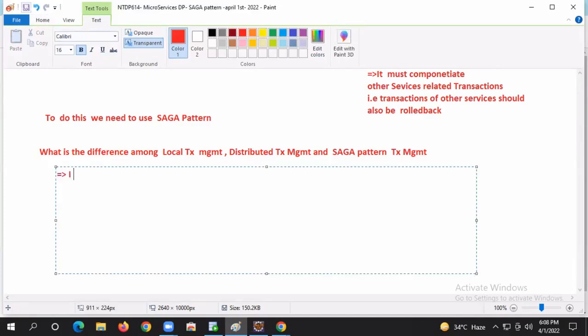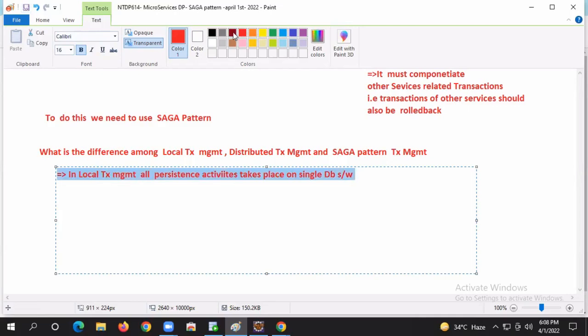In local transaction management, all persistence activities take place on a single database software.